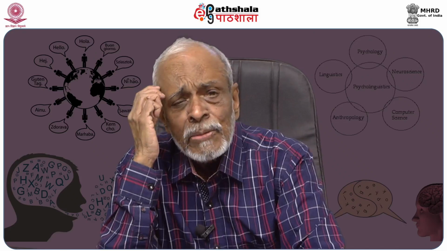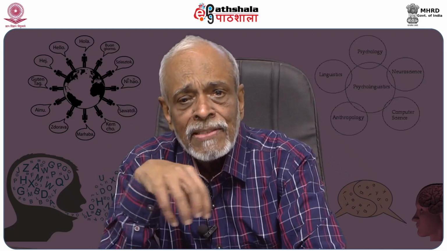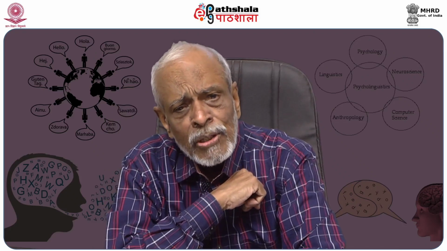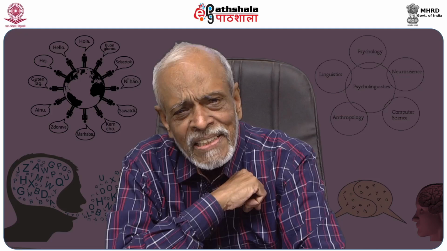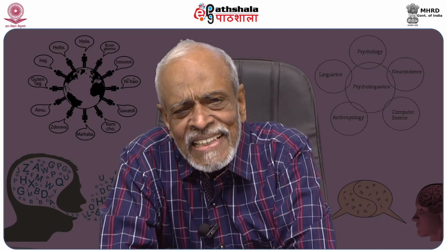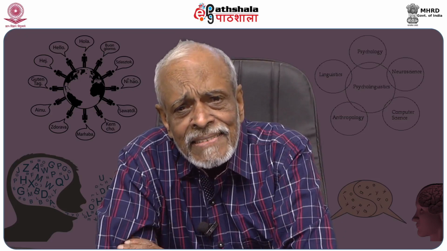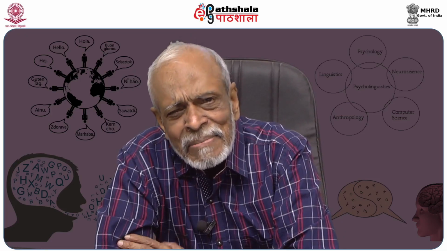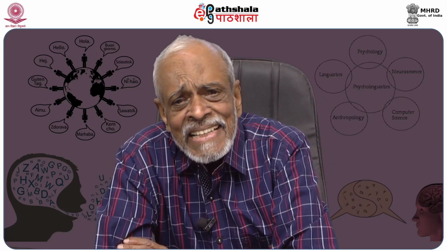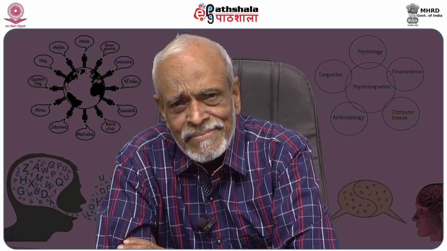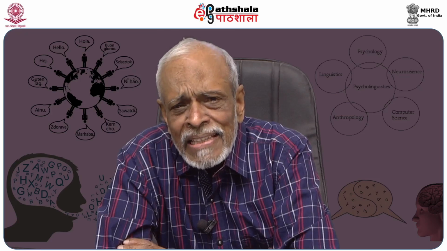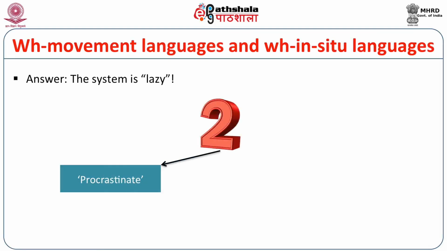But something seems to prohibit the WH phrase from moving to spec CP in our languages. What prohibits it? In minimalism, there is this interesting idea that there is certain lethargy in the system. Lethargy means laziness in the system. A kind of least effort principle. If some effort need not be made, don't make it.